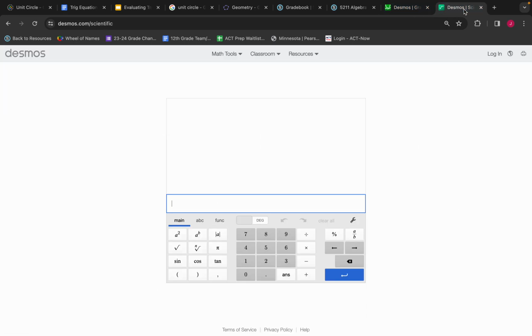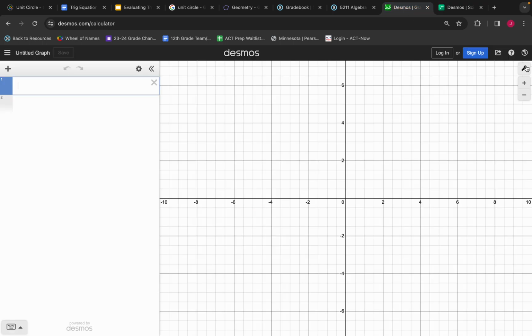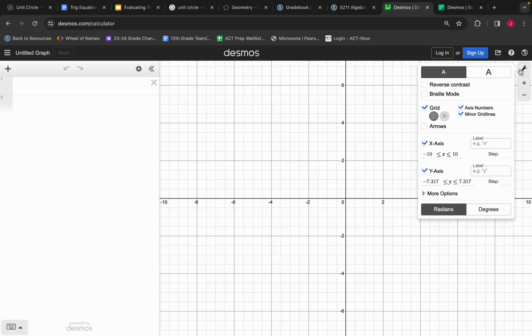Here I have the scientific. First thing you need to know when you're computing these in Desmos is you need to pay attention to whether you are in degrees. So right now this scientific calculator is in degrees. Now it's in radians. For the graphing calculator, whether you're in degrees or radians is determined right here.